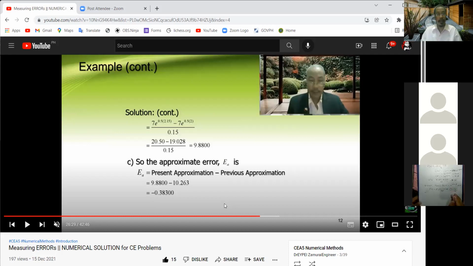We would like to solve for the approximate error. So approximate error uses the previous and present answers. So let us compute.